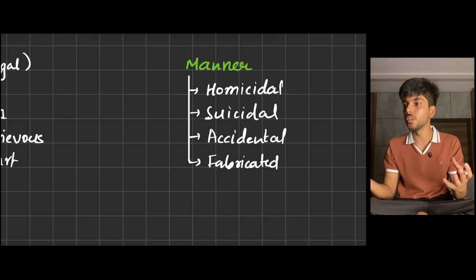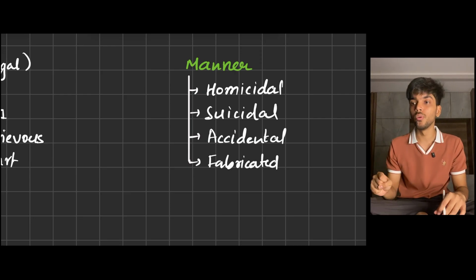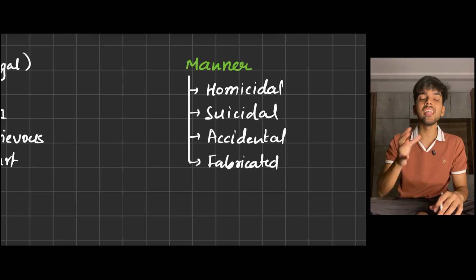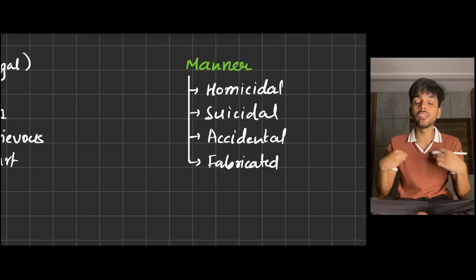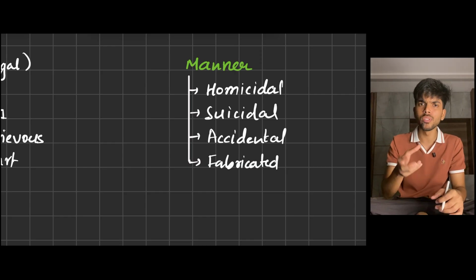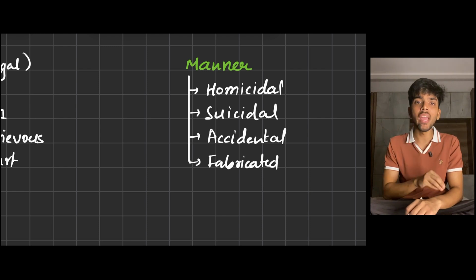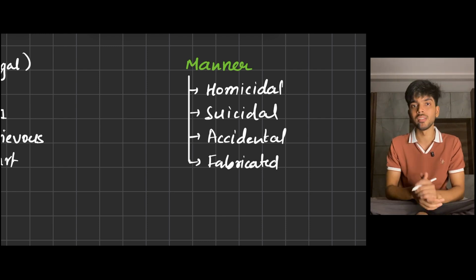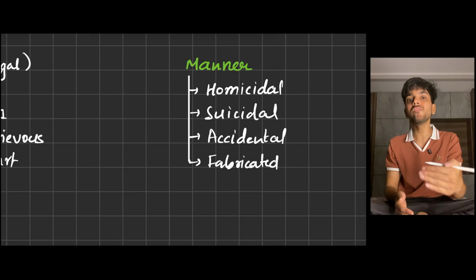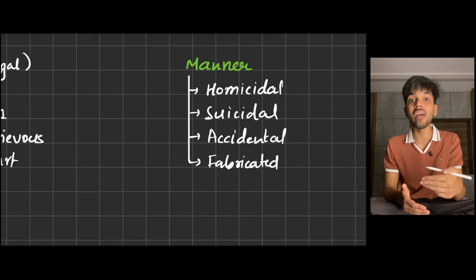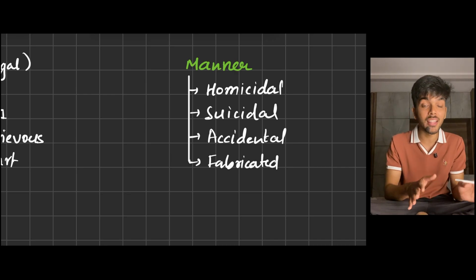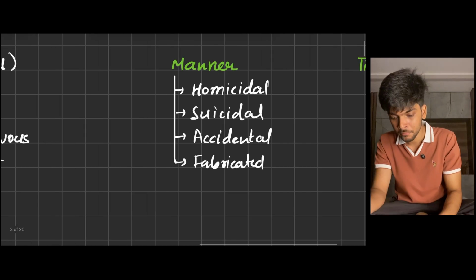But then there are no injuries. What the victim can do is use various techniques to create fake injuries on himself. For example, he can use some plant juice to create fake, artificial bruises. These fake injuries are referred to as fabricated. They are not real, they are fabricated.